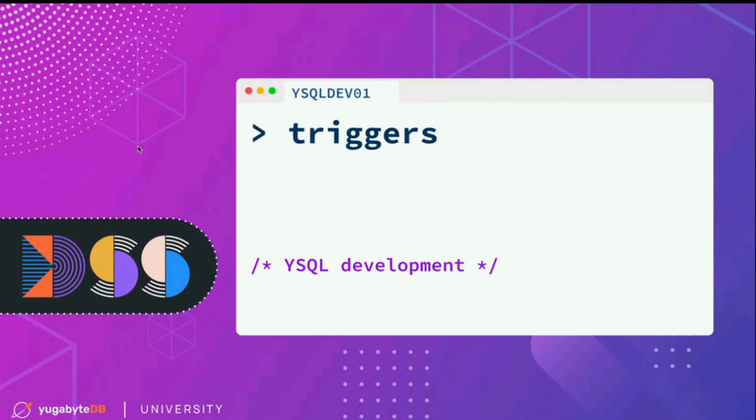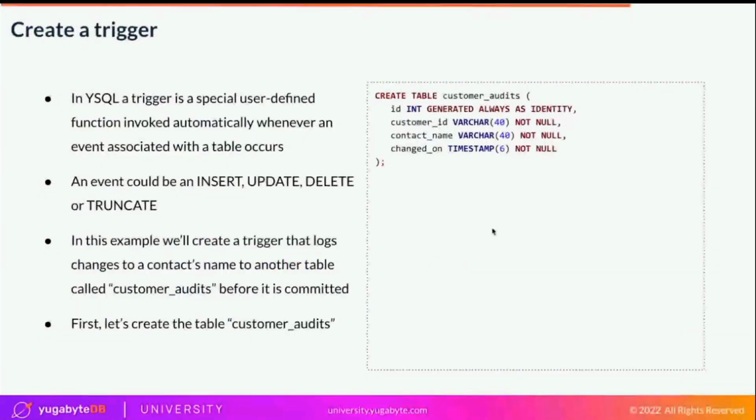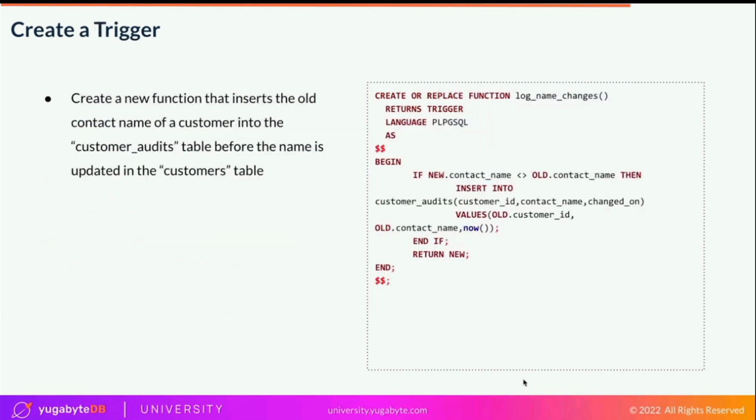Anyhow, that's certainly true with distributed SQL and YugabyteDB for triggers. So here's an example where we'll have a table called customer audits. And the goal here is we want to put some type of trigger on it. Let's write to this audits table when somebody messes around with the customers table, whether it's an application or individual user or whatever. So we could do something like this: let's log any name changes to this table.